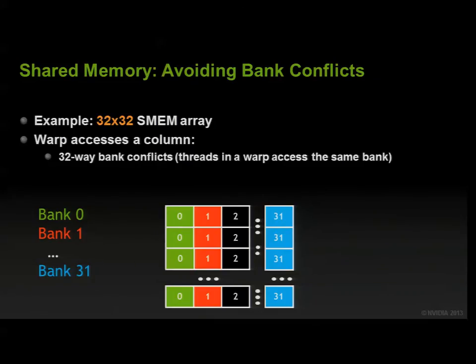Okay, I have a colored example here. Assume that we have bank number 0 to bank number 31, and in one case, we're writing the first column in shared memory. Well, we're writing a row.